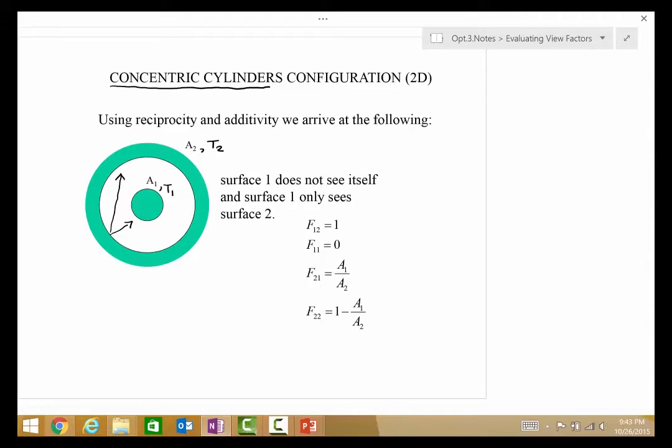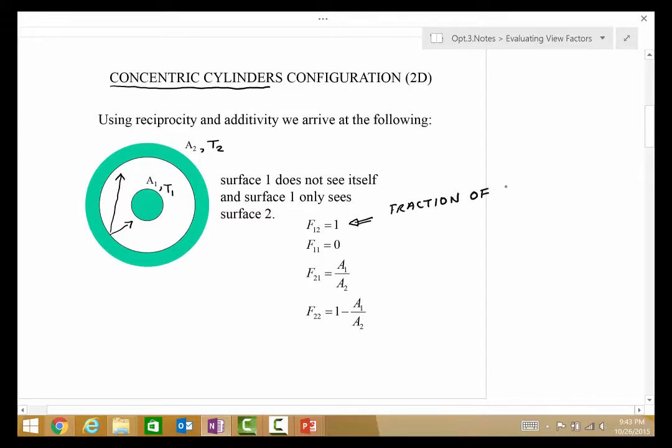What we have to do is use reciprocity and additivity to understand this problem better. So surface 1 does not see itself, while surface 2 does see itself, and surface 1 only sees surface 2. Understanding that says that the fraction of radiation leaving surface 1 that impinges on surface 2 is equal to 1.